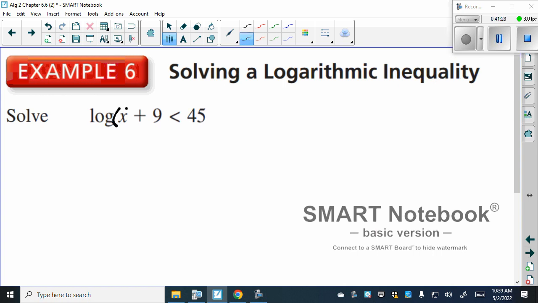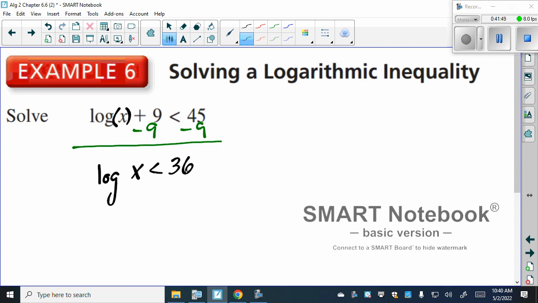They didn't specifically write it, but this is what we're looking at. And this is the last one we'll look at today. So the first thing we can do is subtract from both sides, telling us that log of x is less than, we would put both sides to the 10th power, telling us x is less than 10 to the 36.